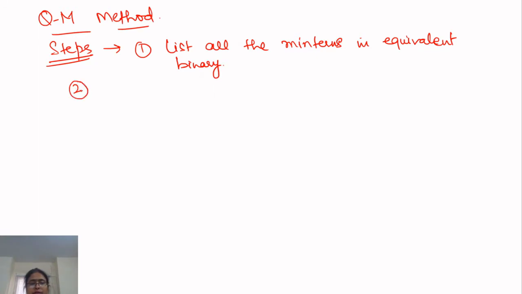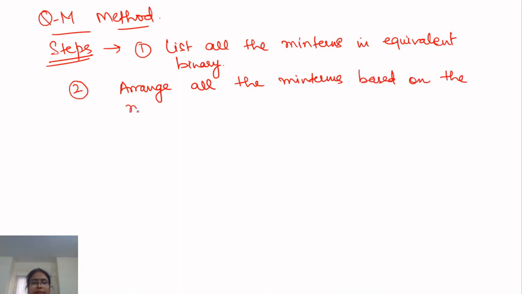Then we have to arrange all the min terms. Different min terms will be there in the question, so we have to arrange all the min terms based on the number of ones in them.